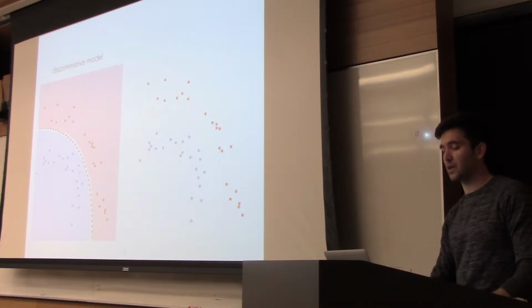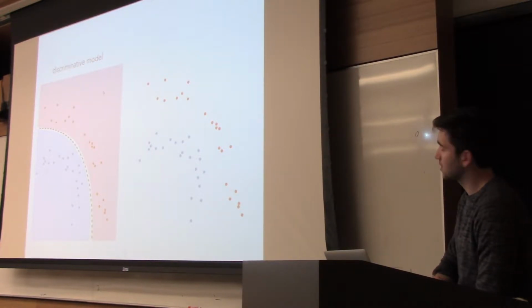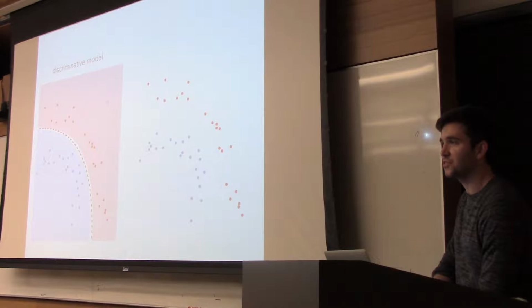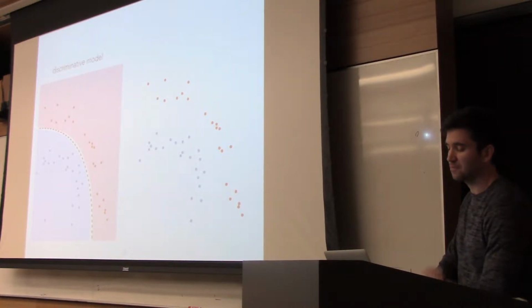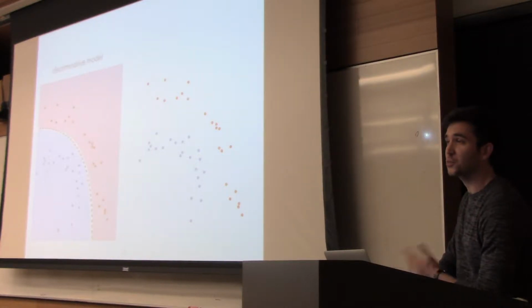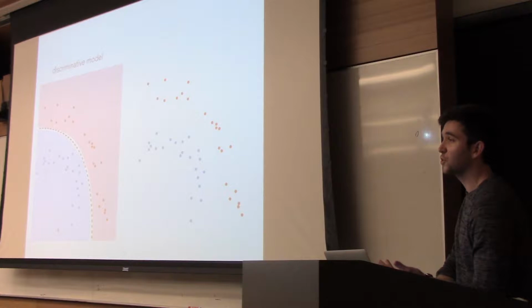But you notice that we're spending a lot of effort modeling out in this region where there's no data, and yet we're still saying very confidently, oh, that's a red class. And likewise down here, even though we haven't seen any data there, we're still going to call that blue.